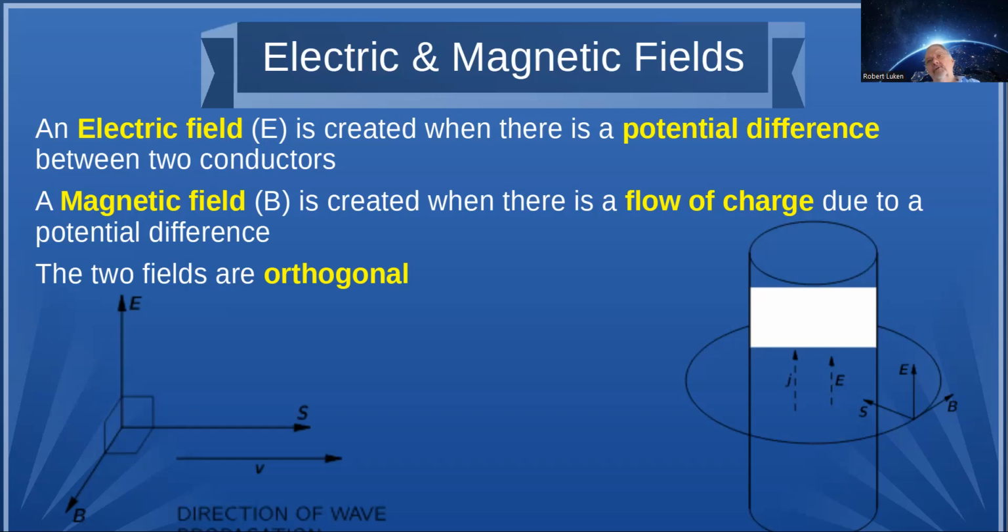The E field is translated along the conductor the way the current is flowing, where the magnetic field or the B field is orthogonal to it and tends to be circular around the current flow.